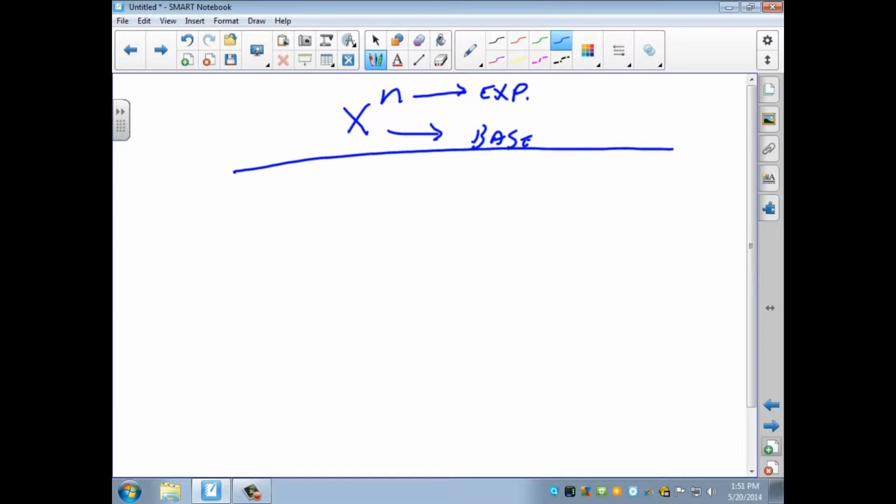So, properties of exponents is something you would use again to simplify a polynomial or a real number. So you need to know all these different properties.